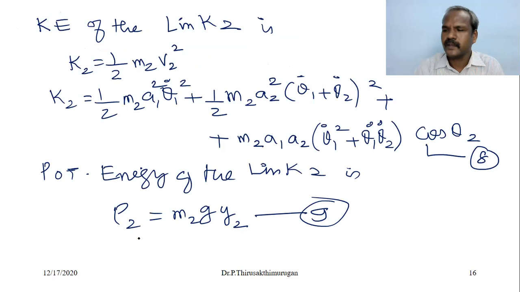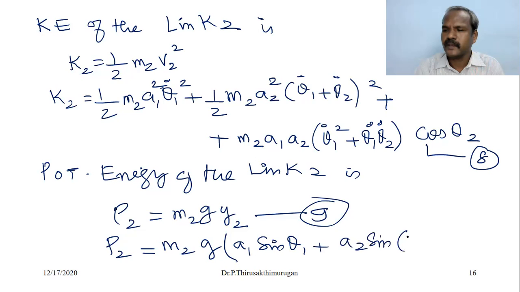Here we can substitute the P2. Actually P2 equal to M2 G Y2. What is Y2? Y2 is A1 sin theta 1 plus A2 sin theta 1 plus theta 2. Am I right? So this can be equation number 10.